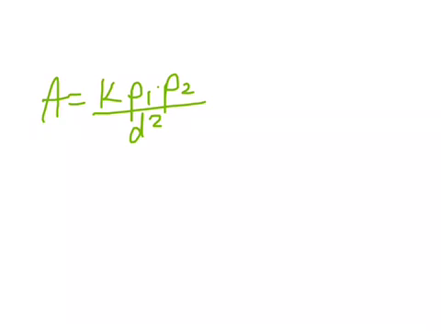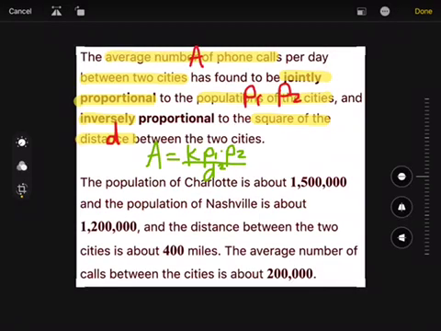All right, and so then they gave me some information in the next part of the problem so I can figure out K and write my equation. The population of Charlotte is 1,500,000, and the population of Nashville is about 1,200,000. It's 1.5 and 1.2.